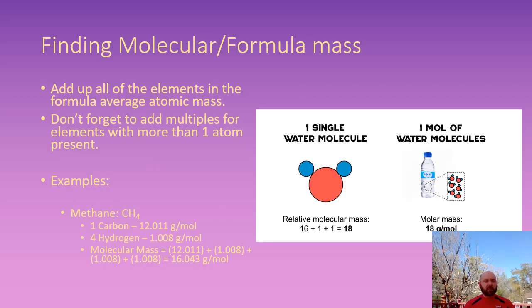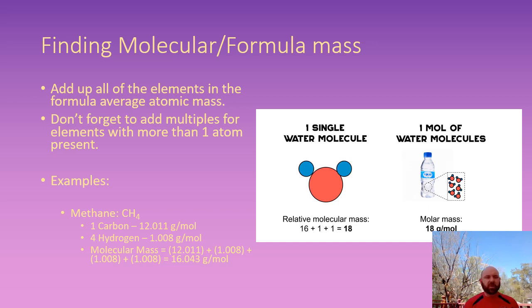So finding this so-called molecular or formula mass is rather trivial for most molecules. All we have to do is look at the formula and determine which elements and how many of each of those elements are present in 1 molecule of the substance, and then add up each of those elements' average atomic mass.